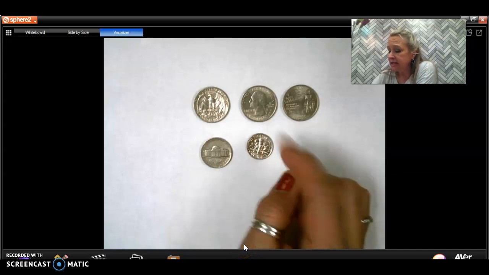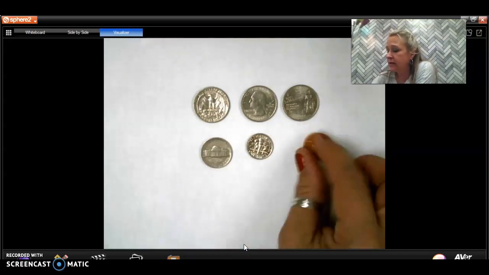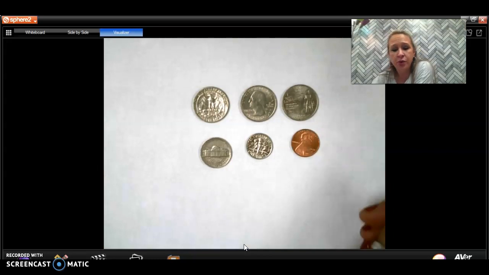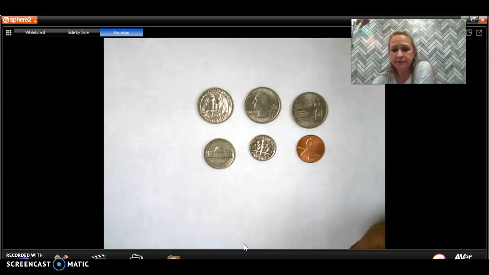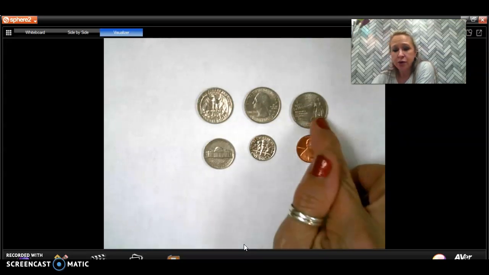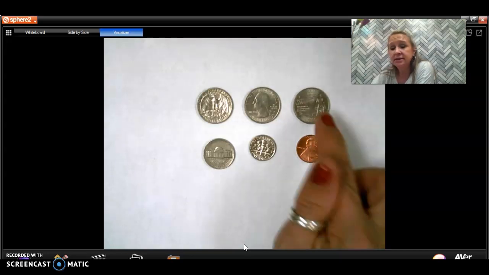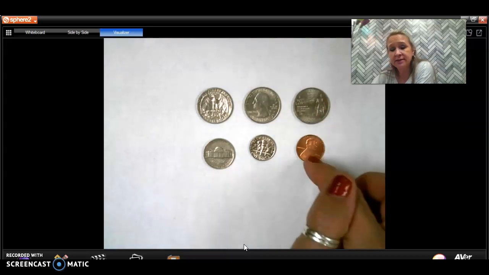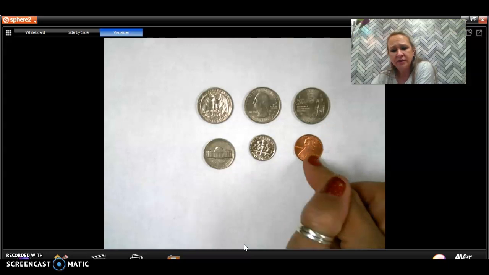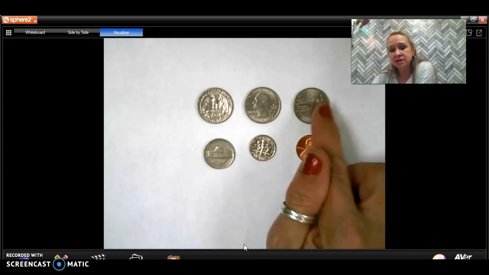Now let's see what the penny looks like by the quarter. What do you notice there? What can you tell me about the quarter and the penny? The quarter is silver. It's bigger. Are they both round? Yes, they are. What about the penny? Is it silver too? No, the penny is copper. The quarter's worth 25 cents.